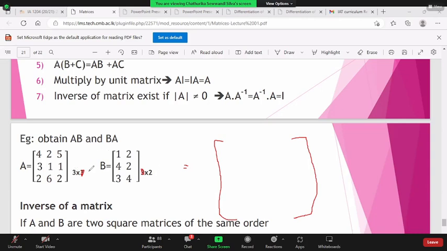So here we remove the number of columns and number of rows. So what is left? 3 by 2. So the dimension of your resultant matrix is 3 by 2.